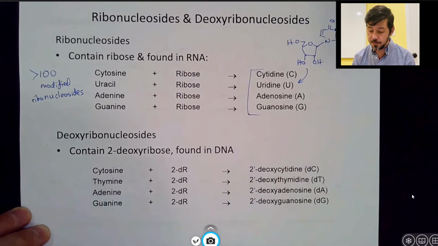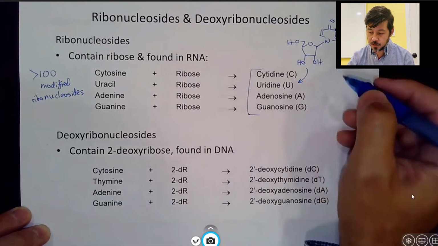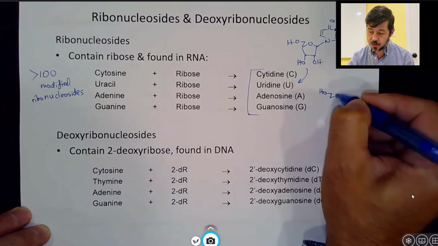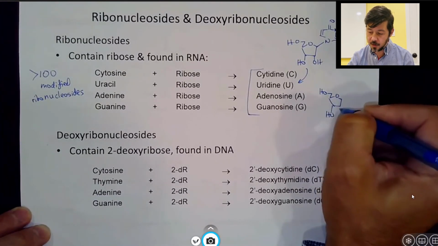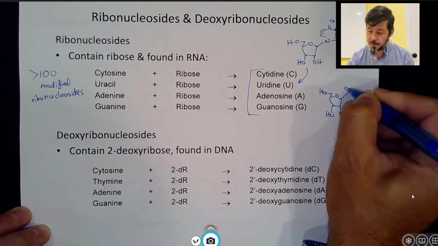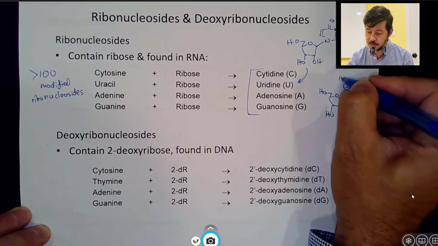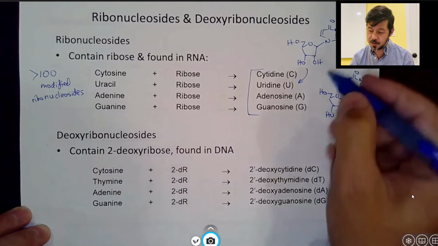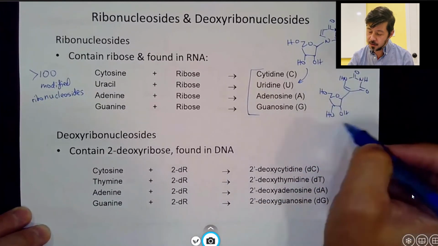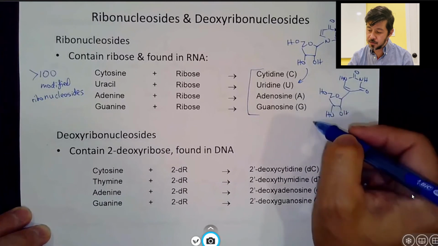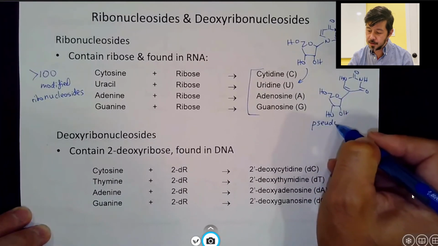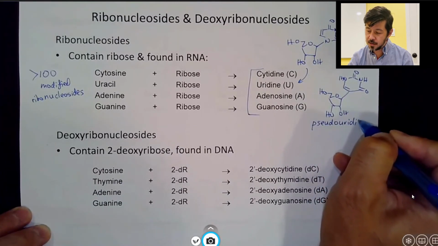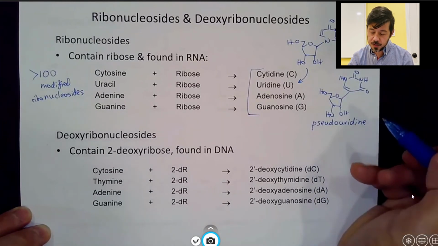The ribosome, for example, has dozens of different modified ribonucleosides. I really don't have too much time to talk about many of these different modifications, but I will give you one example of a modification here. Since I just introduced uridine, this here is actually an isomer of uridine called pseudouridine, and it's present in some areas of the ribosome.